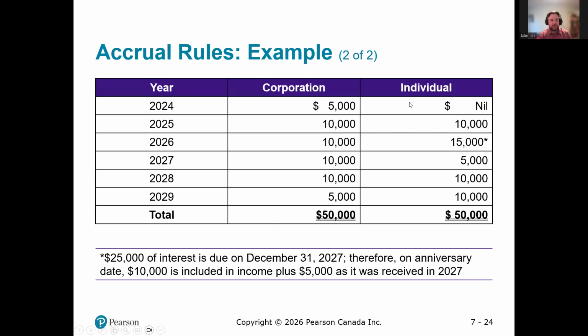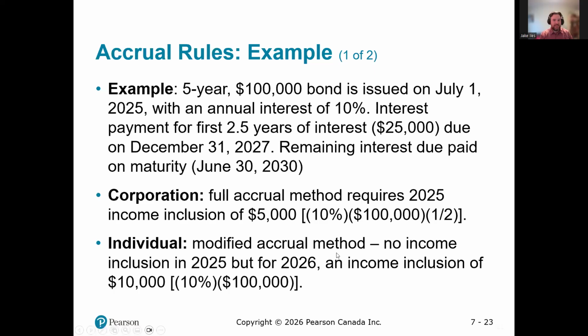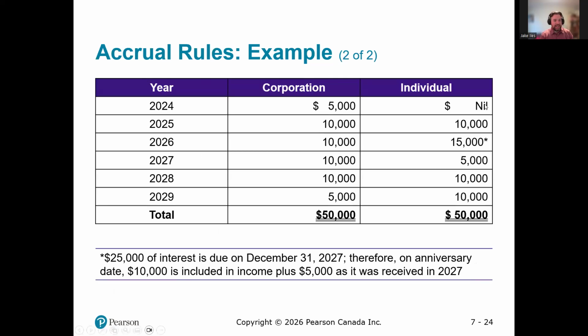The individual, our modified accrual method, is combating our cash basis. So we don't recognize anything in the first year because an anniversary date hasn't passed. In the first year on June 30th, in 2026, we recognize that first year. There's the $10,000.